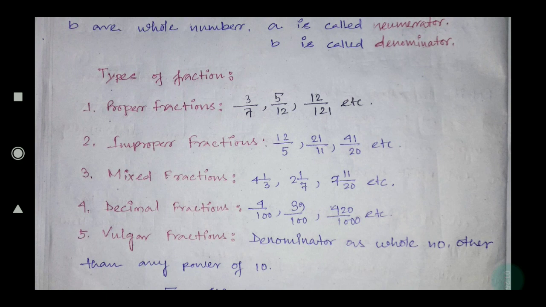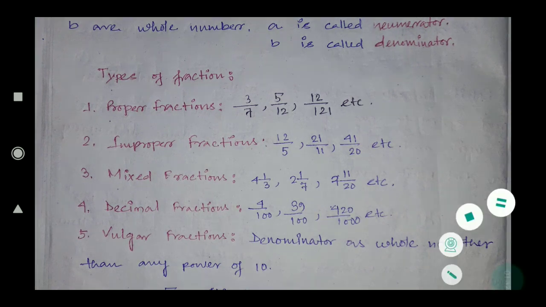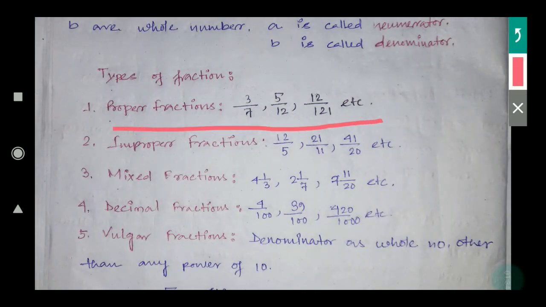in that case proper fraction means your numerator will be lesser than the denominator. See, one proper fraction, here the numerator is lesser than the denominator, so it is called a proper fraction. Improper fraction is the opposite of proper fraction. That means in an improper fraction the numerator is bigger than the denominator.